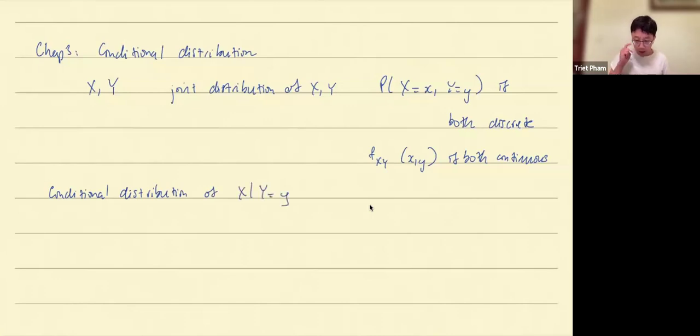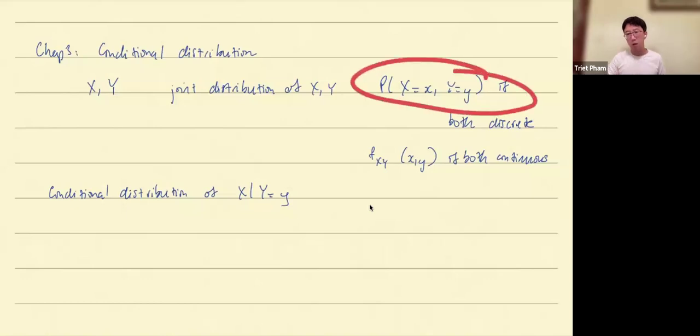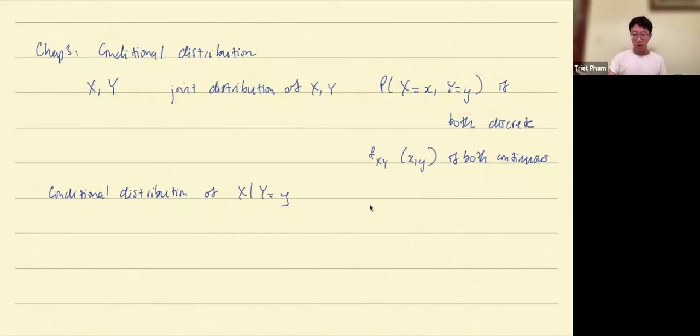For now, let's just focus on the case when both are discrete, and we'll leave the continuous case to be addressed a little bit later on.